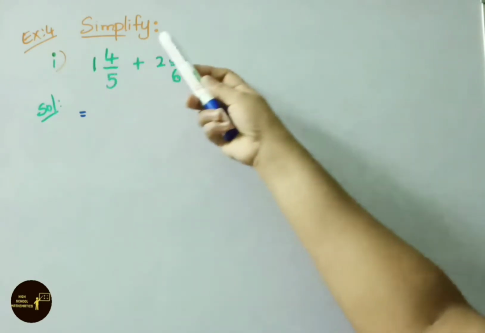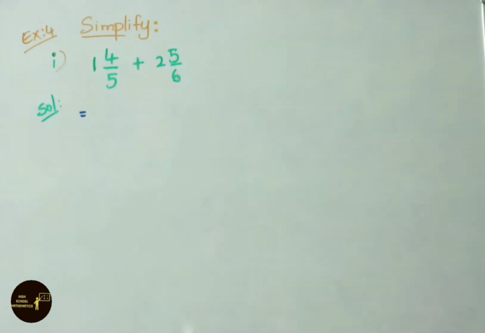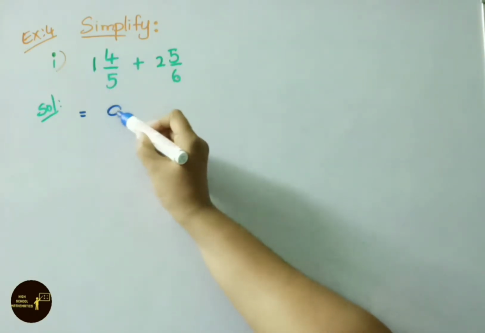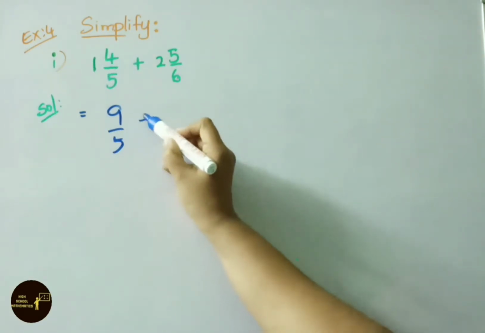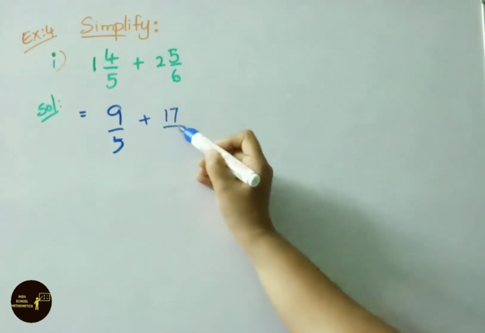See now example 4, simplify 1 4 by 5 plus 2 5 by 6. First we have to convert mixed fraction to improper fraction. 5 1s are 5, 5 plus 4, 9 by 5 plus 6 2s are 12, 12 plus 5, 17 by 6.